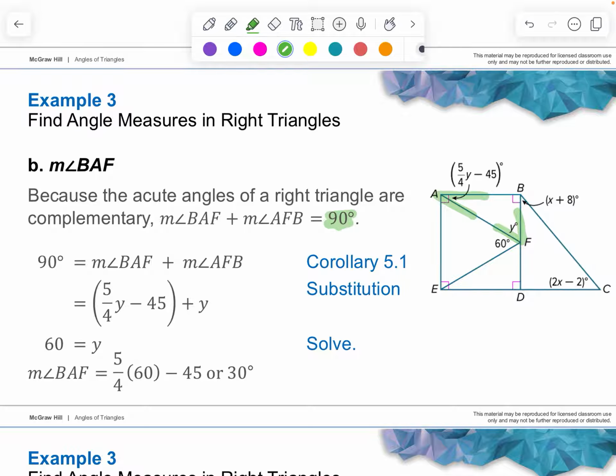They must be also complementary and equal to 90. So we can set them equal to 90 over here, which is what they're going to do. And they put that into your equation there. This is what you're going to fill in. 60 equals y. And they're going to plug in the 60 and find that that equals 30.